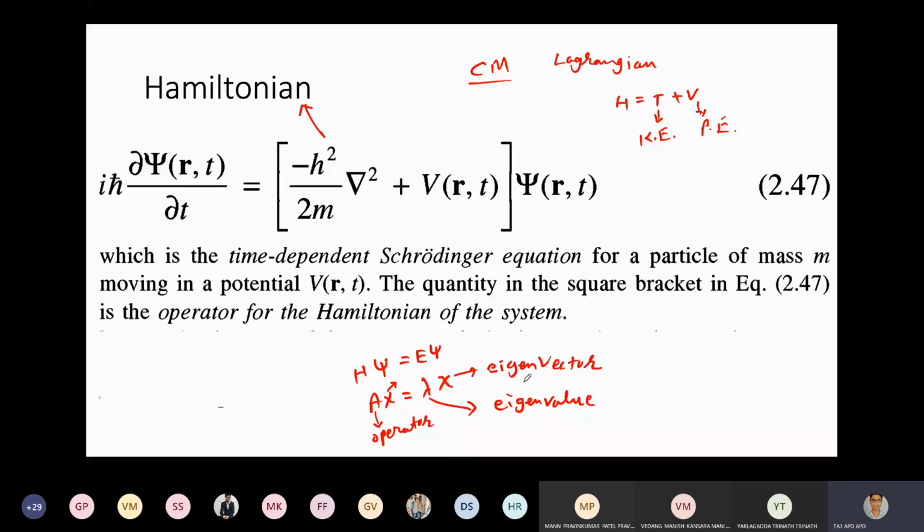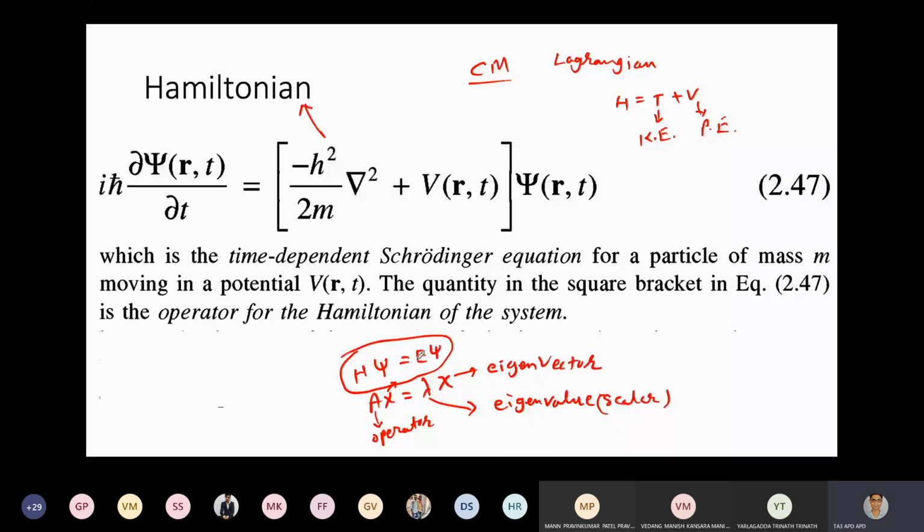So that is the eigenvalue. What this equation tells us is that the Hamiltonian is the operator of the system. When you operate this Hamiltonian on the given wave function for the given system, what you get is the eigenvalue, and this eigenvalue is nothing but the energy of the system.